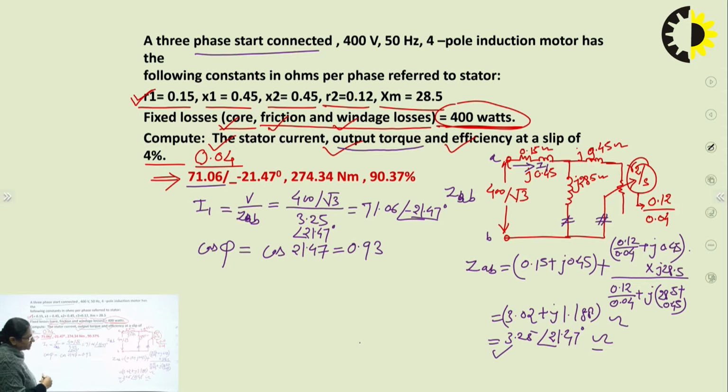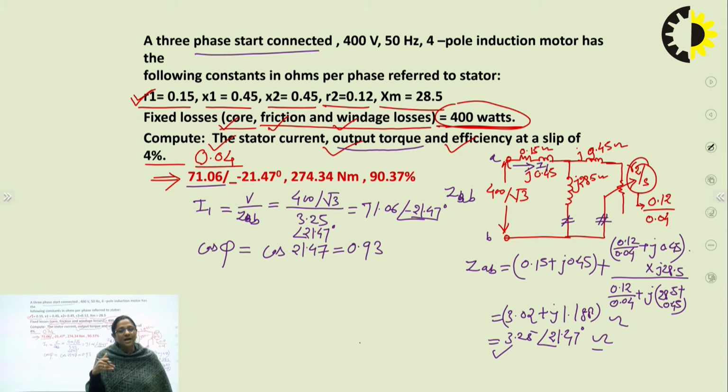So for determination of shaft power output, let us proceed in a way. Let us determine the stator I square R losses. Let us determine the stator input, as now the stator current is known to us. Knowing the stator power input, and knowing the stator I square R loss, right? Stator power input minus the stator I square R loss will give me the power which is transferred from the stator to the rotor, right?